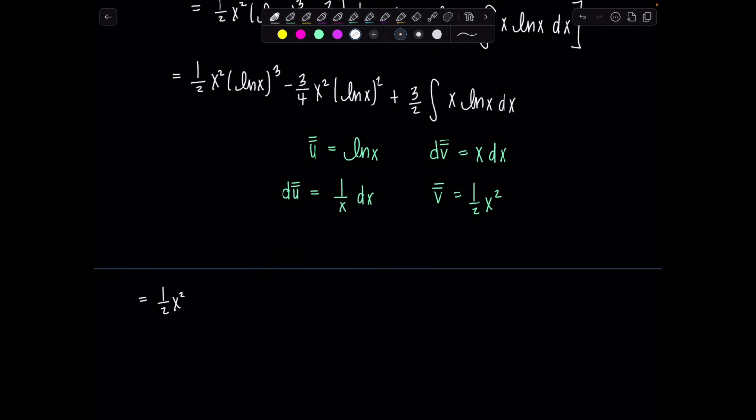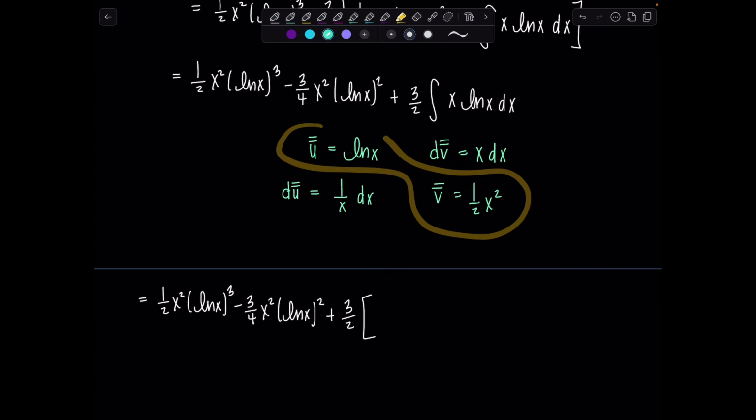1/2 x squared ln of x cubed minus 3/4 x squared ln of x squared plus 3/2, and then using our by parts formula, what is this going to be? 1/2 x squared ln of x minus 1/2 integral x dx. Yes?